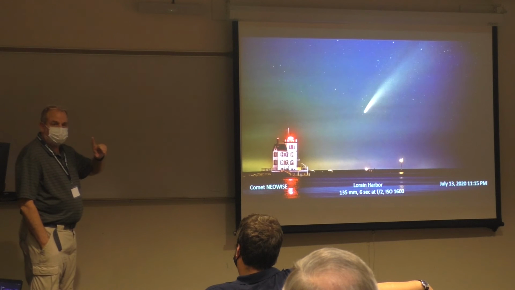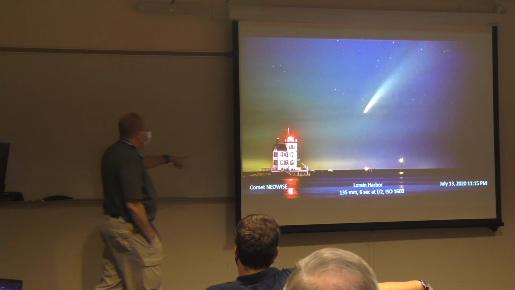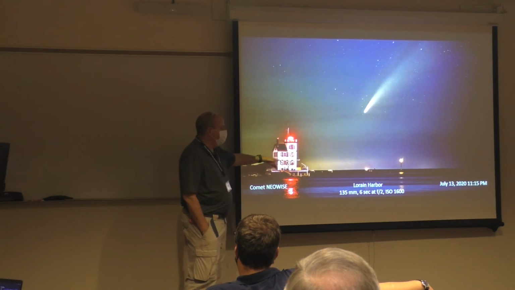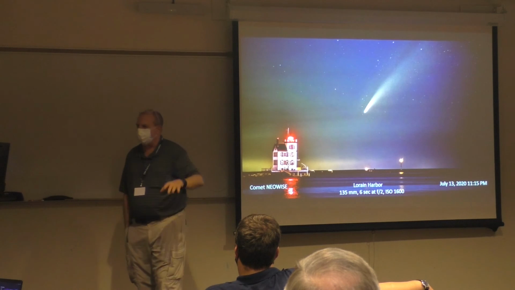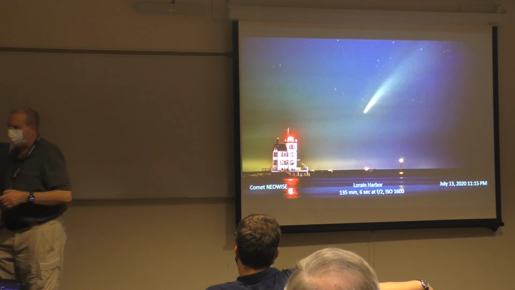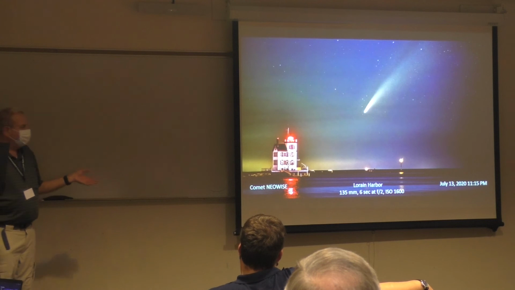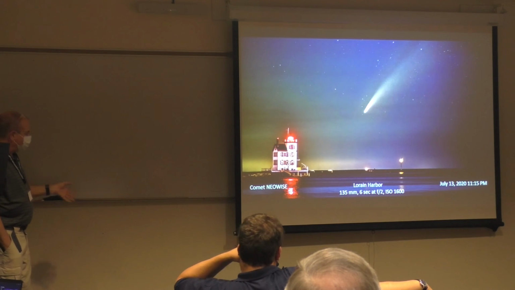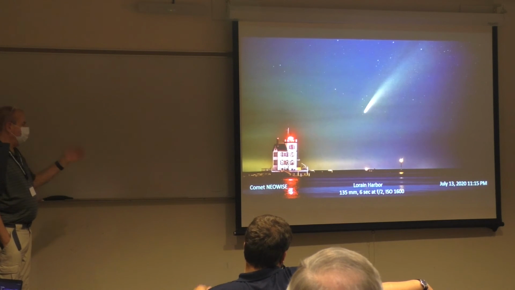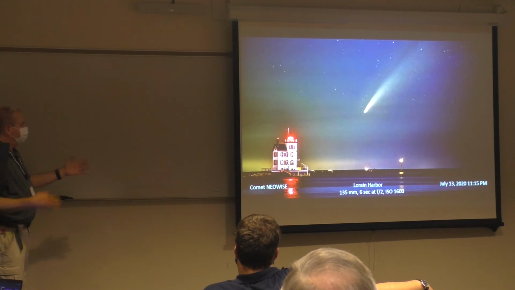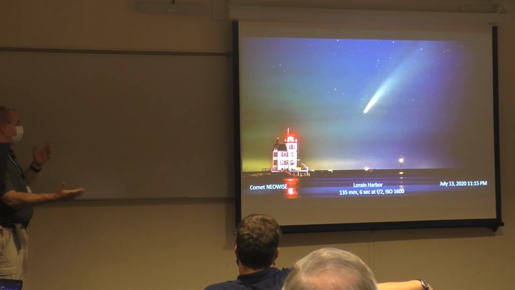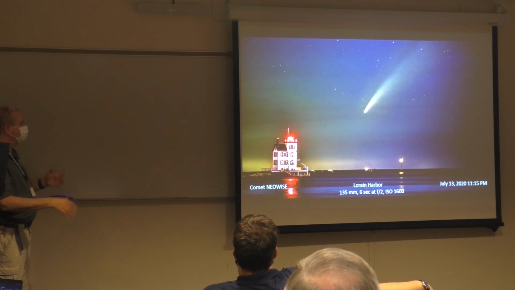And I thought, you know what, that's a big mistake, because the lighthouse was so bright with the lights on it, it really blew out the comet. But once they turned the lights off, and it was just the ambient light from the city and whatnot, you got much better balance in the brightness between the lighthouse and the comet.